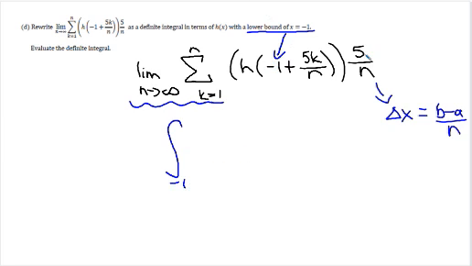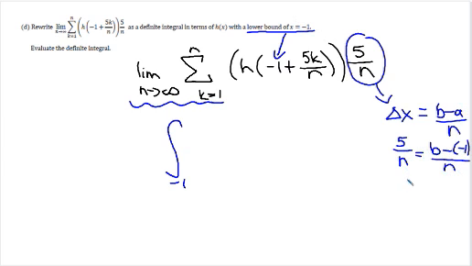Okay? This expression right here, this 5 over n, is my change in x. So all I need to do is make a replacement here. I need to put 5 over n right here. And it's b minus my lower bound, which we found out is negative 1, over n.